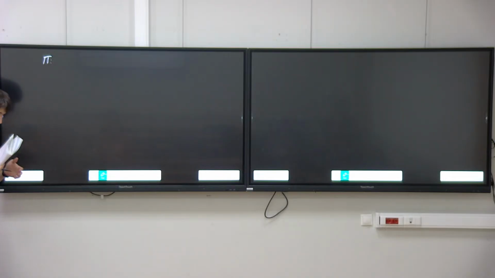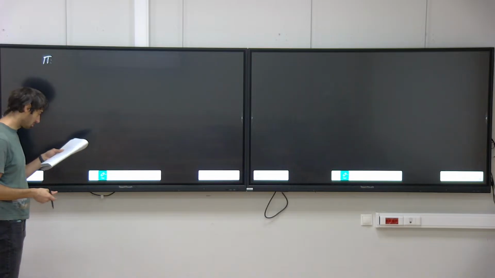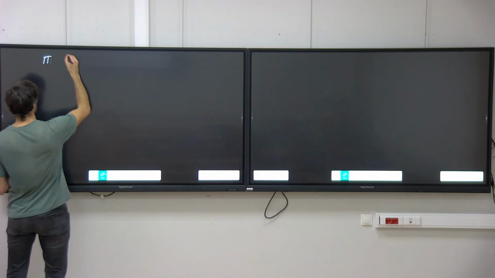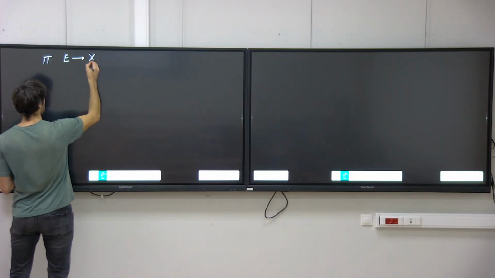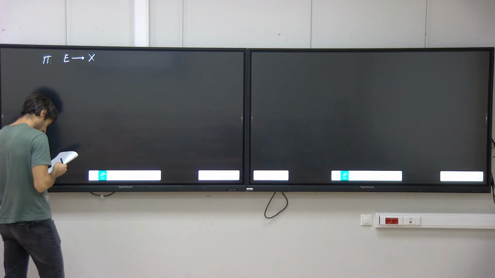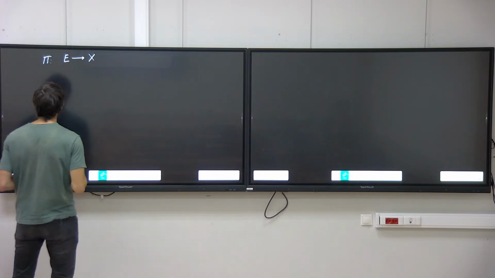Alright, so let's recall what we had at the end of the previous lecture, which was like 2 weeks ago. So we had a vector bundle E over a smooth manifold X. And we also had two curves.